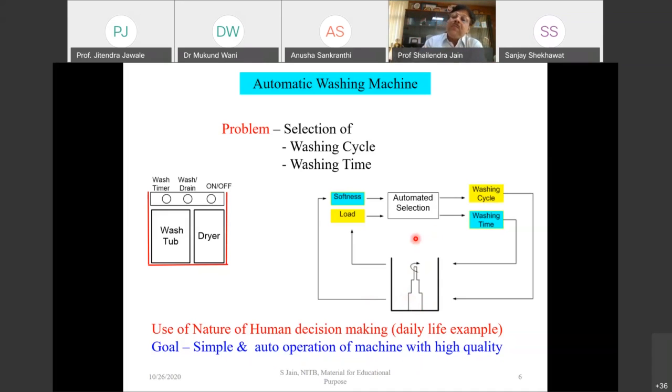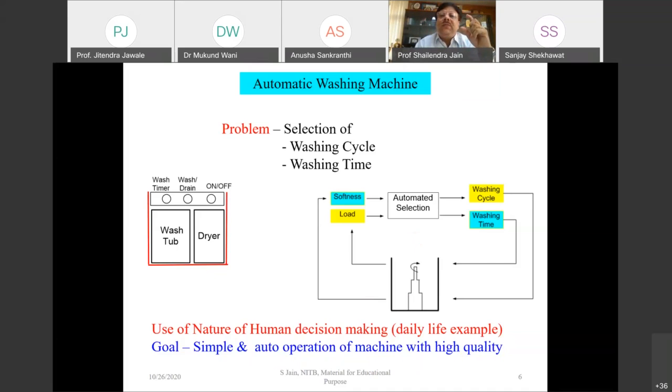If you remember, Whirlpool first launched the fuzzy logic control washing machine. There was a big advertisement in those days on TV channels. Now, as on date, every automatic washing machine manufacturer introduces fuzzy logic control. So fuzzy logic control chips are available in the market.